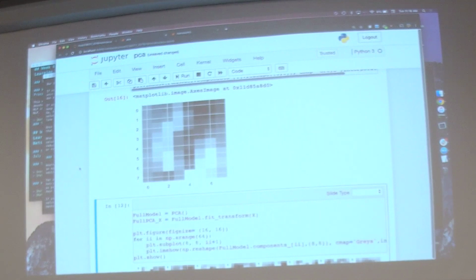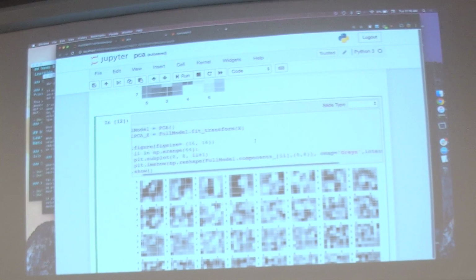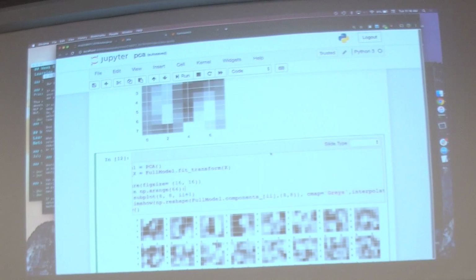Let's go a little further. So we're going to fit a full PCA model, a 64-dimensional thing. And what we're going to do here is look at all 64 of the components.